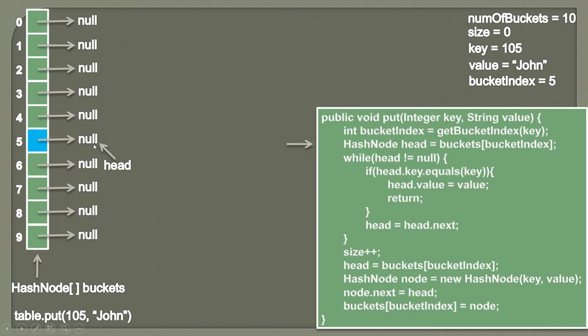So friends, here you can see that on each index there can be multiple hash nodes which are connected via the next reference which a hash node has. And when we discussed the singly linked list, we saw that the starting node is head. So here we are simply referring to head as the starting node of the singly linked list, which will be formed by the chain of hash nodes.